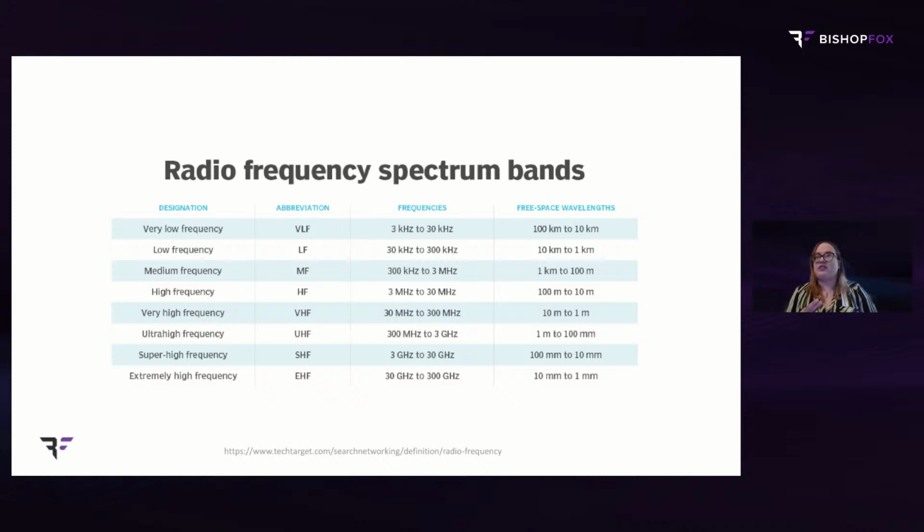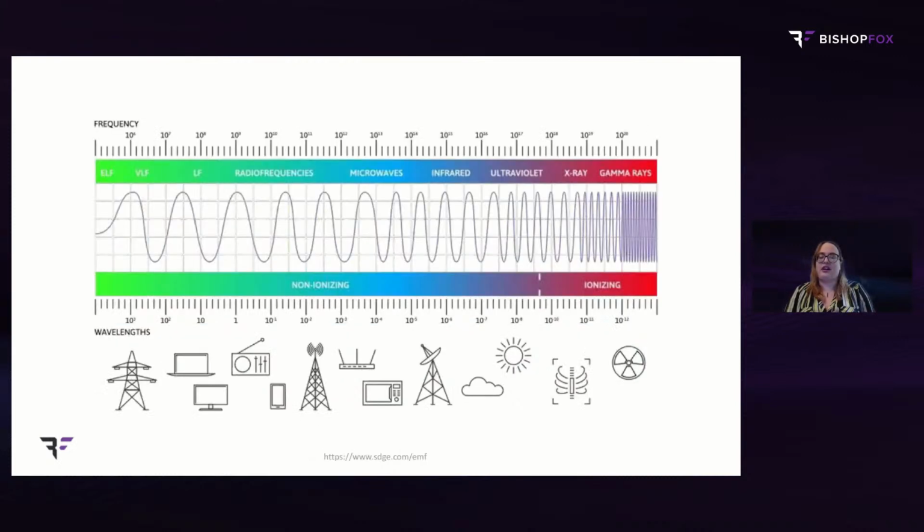Some of these frequencies have their own names and categorizations, and they relate to what types of communications can happen in each spectrum. So I have a couple of examples here. And one thing I want to point out is the bottom line. This will become a really important conversation when we get to 5G. But we have non-ionizing and ionizing radiation that comes out of these radio frequencies.